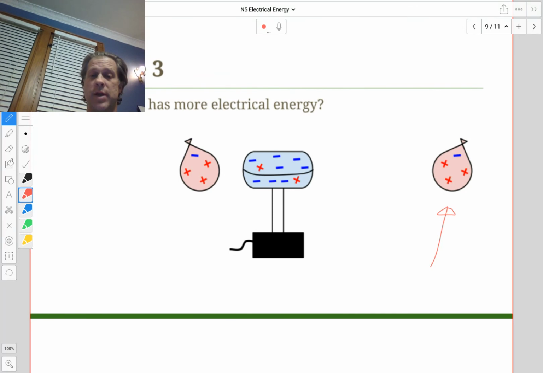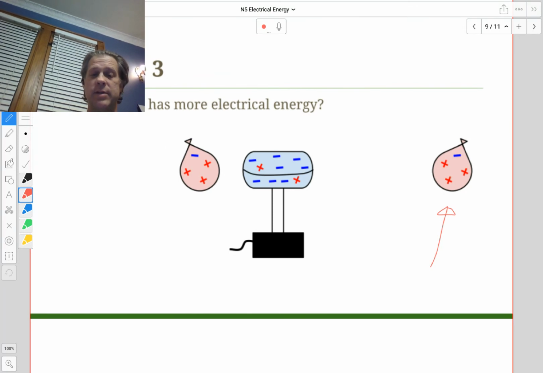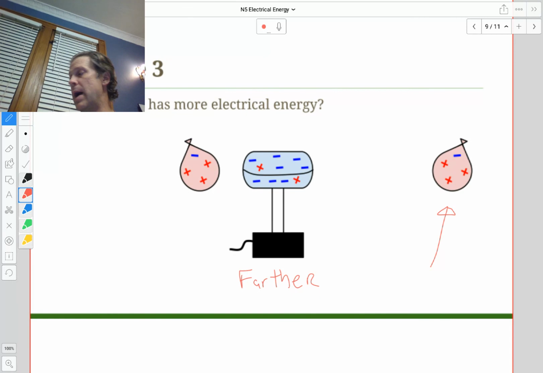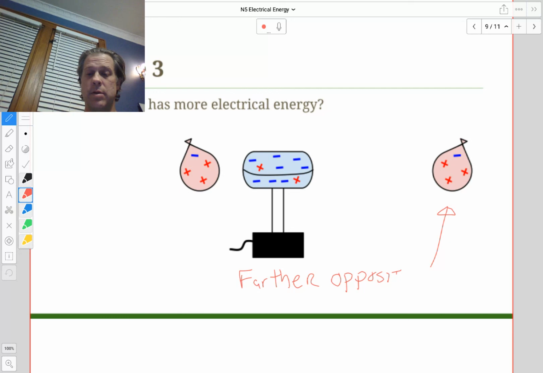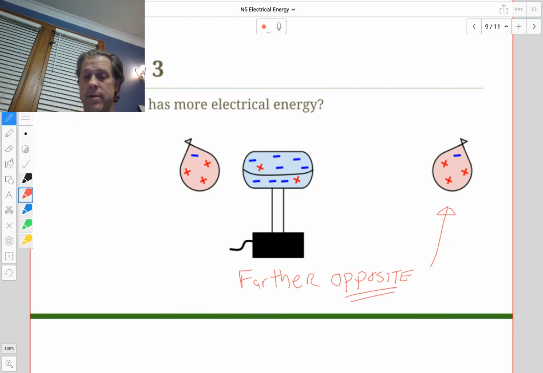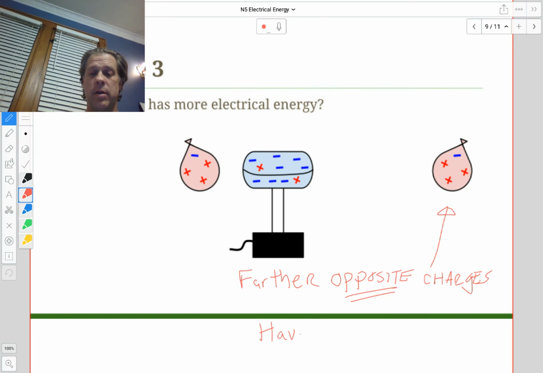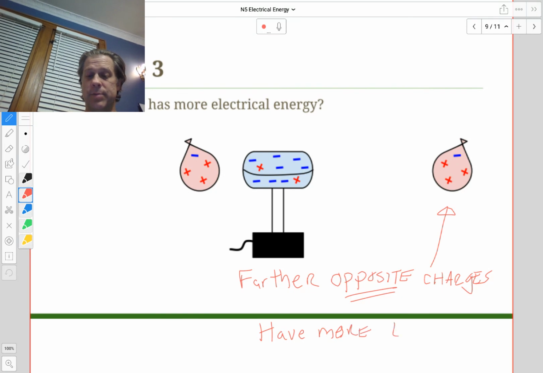So this balloon is going to have more electrical energy, and the reasoning again is that farther opposite charges have more electrical energy.